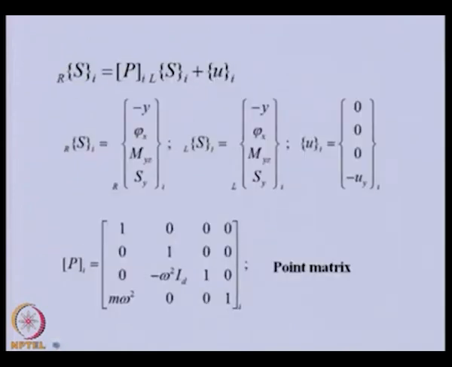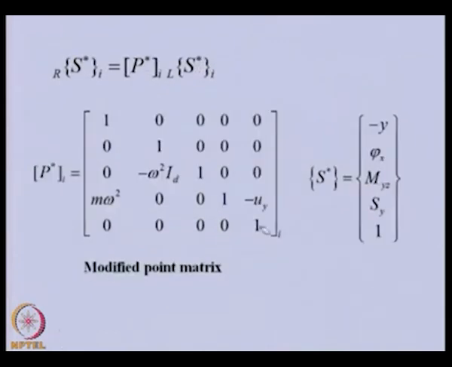Now, to accommodate this external force inside the point matrix, we need to modify the point matrix by adding identity, as we did earlier. Now we can see that we can include this external unbalanced force inside the point matrix, which we will call the modified point matrix.